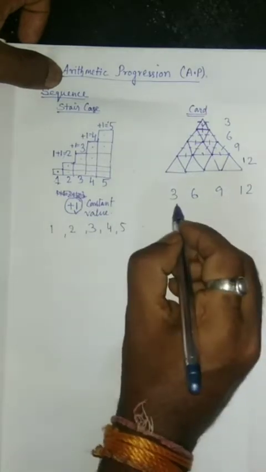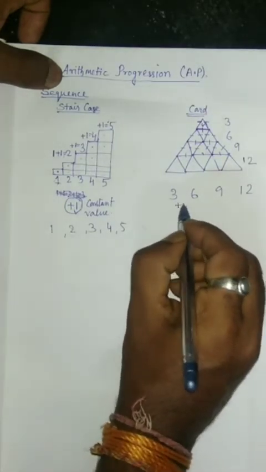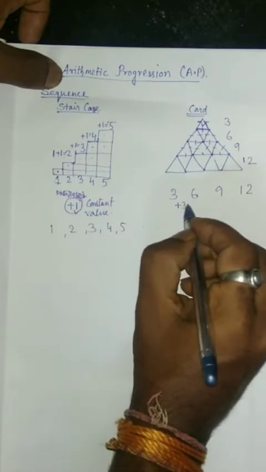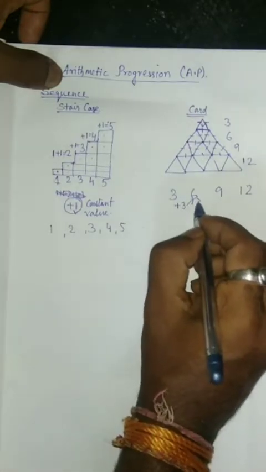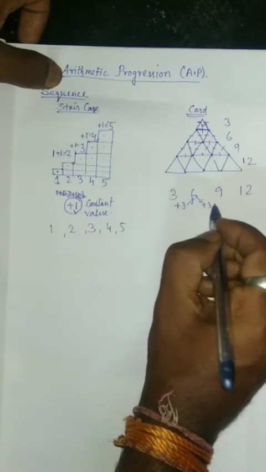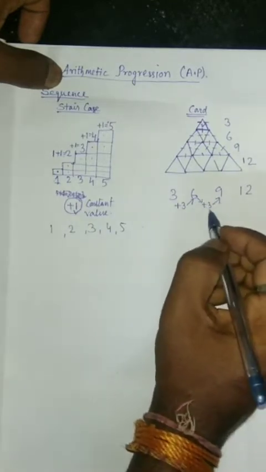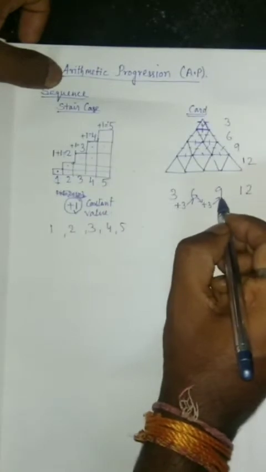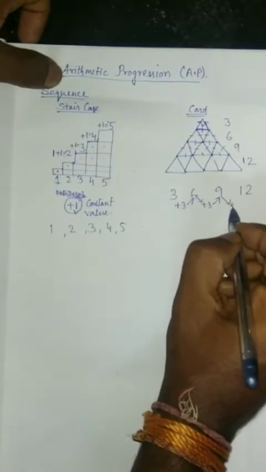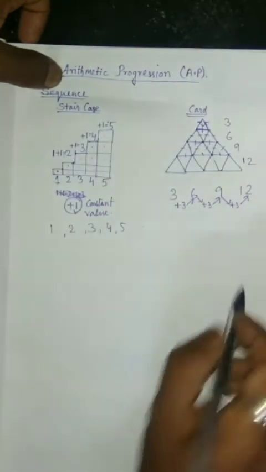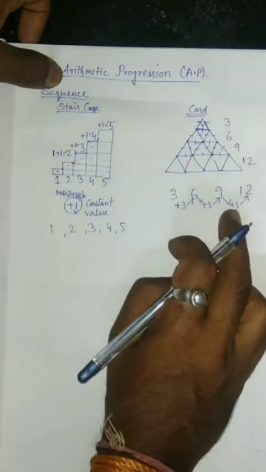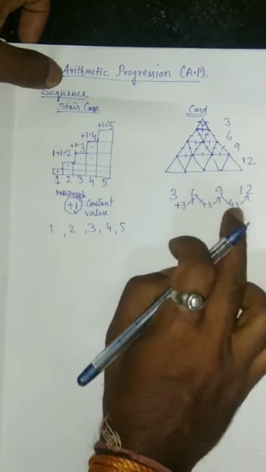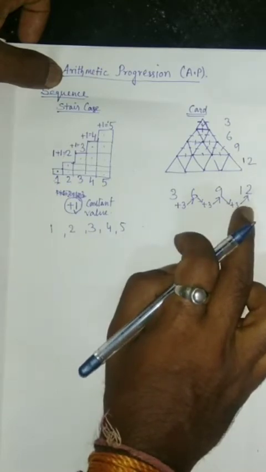Now see student, if I add with this 3 plus 3, it becomes 6. Again with this 6, if I add plus 3, it becomes 9. Again with this, if I add plus 3, it becomes 12. So in each case, I am adding plus 3 as my value.